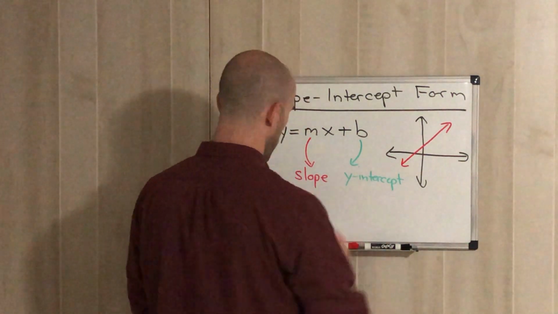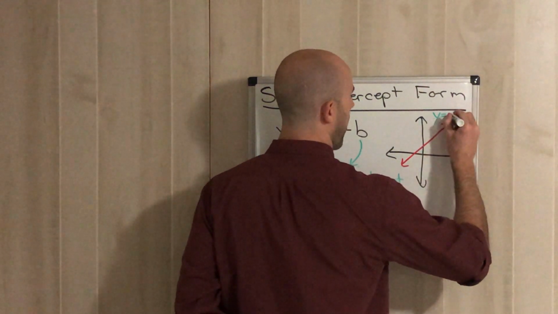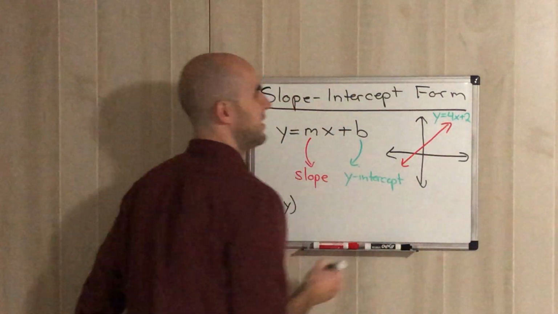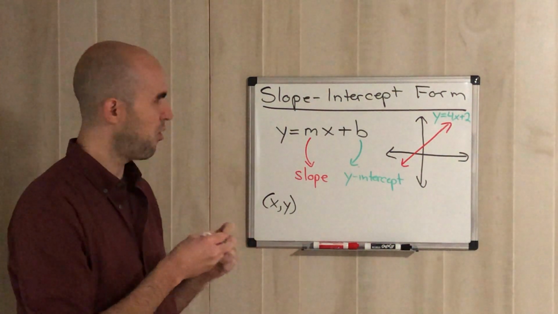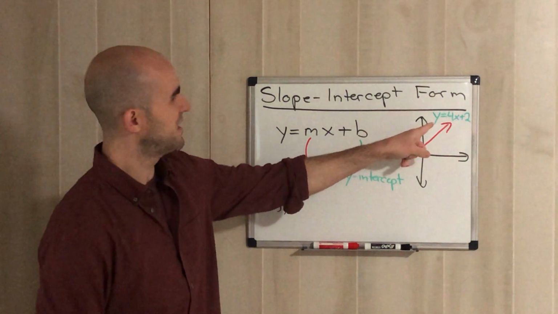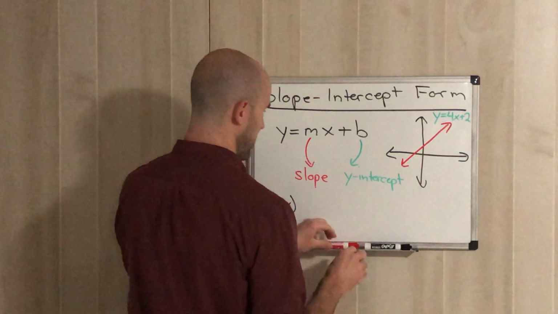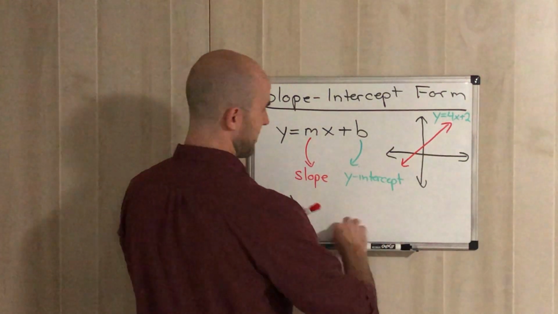And I'll even write the equation, just making something up. Let's say it would be y equals 4x plus 2, right? It's in slope-intercept form because it's y equals mx plus b. So what this represents is the line going up and down. That's what our slope tells us.